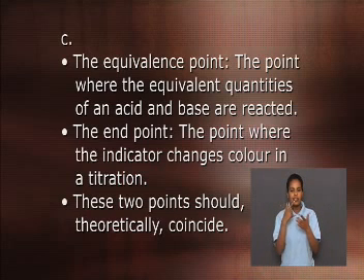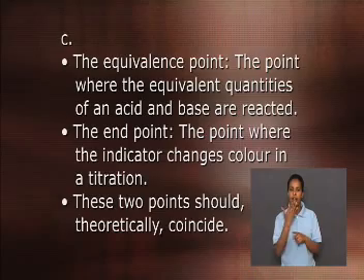Theoretically, these two points should occur around the same time during acid-base titration. However, errors can happen depending on which type of indicator is used. This is because, as we have learned, different indicators have different pH ranges of color change.